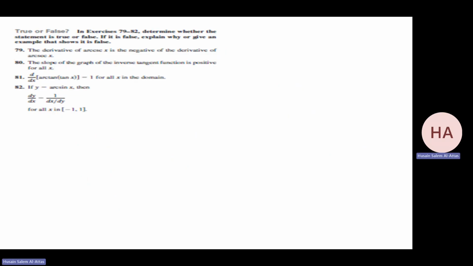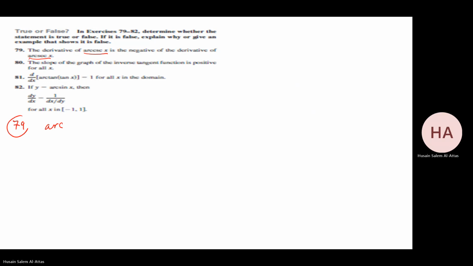Last group of questions, which is true or false. Okay. First one, 79. Derivative of arc cosecant is the negative of derivative of arc secant. Yes.